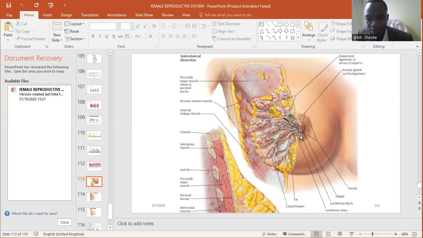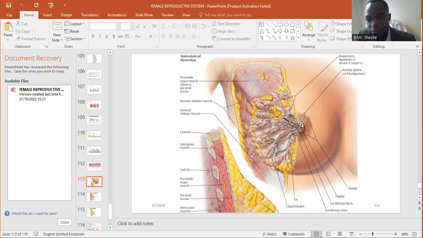In that nipple, there are multiple small openings that become patent when the woman is about to deliver or when the woman gets pregnant, because the breast tissue will develop, and sometimes some discharge can be seen from the nipple, like the breast is getting ready for lactation when finally this mother will deliver. So even though it appears solid here, you and I should know that there are multiple openings on the nipple there. Okay.